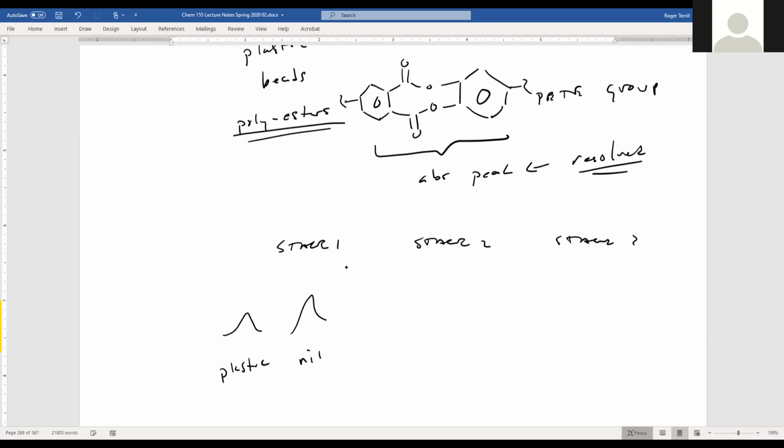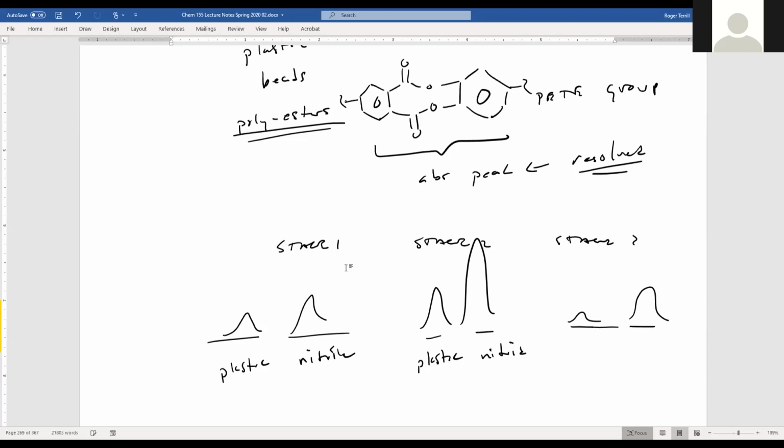This would be from the nitrile, right? And then this time he'd get a peak from the plastic, and then a much bigger peak from the nitrile. And then the third one, he'd get a very small peak, and then a medium-sized peak.